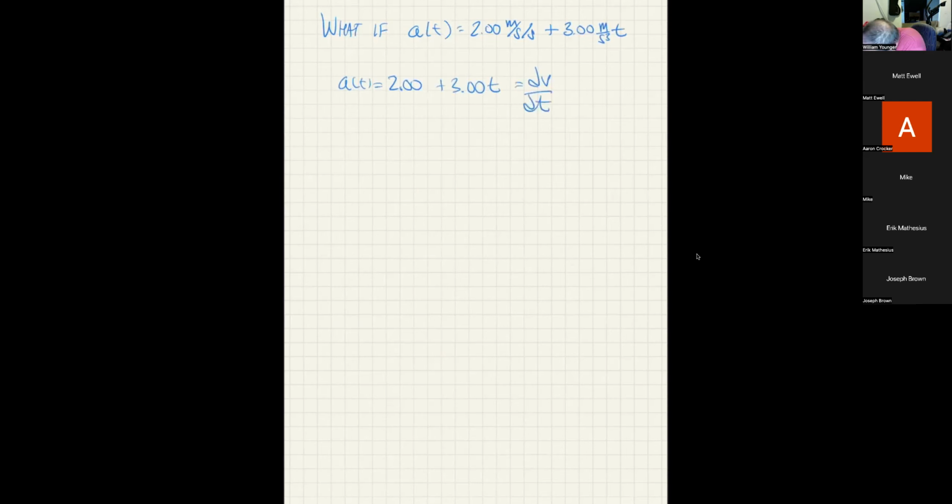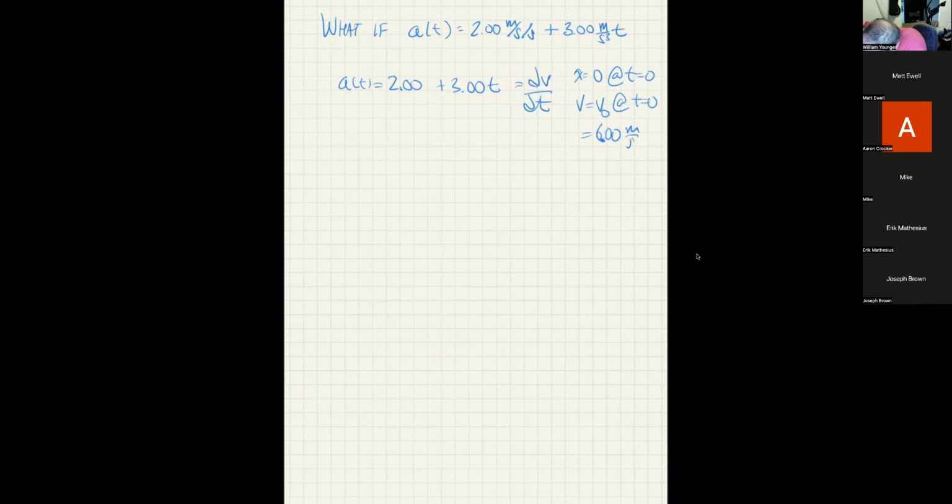dV/dt. And if we assume x equals 0 at t equals 0, we assume v equals v0 at t equals 0. Let's say v0 equals 6.00 meters per second. Then we can do this the same way.